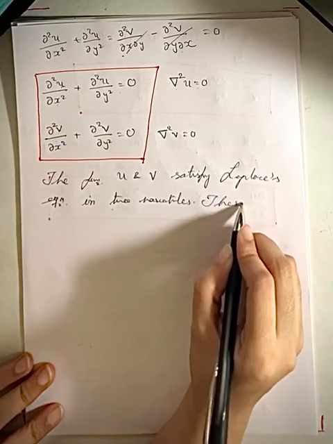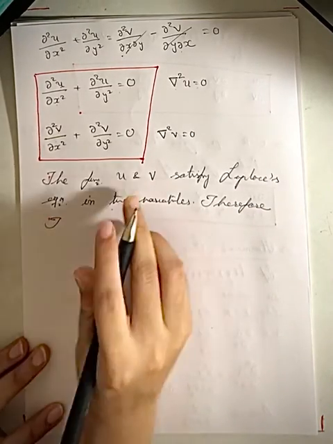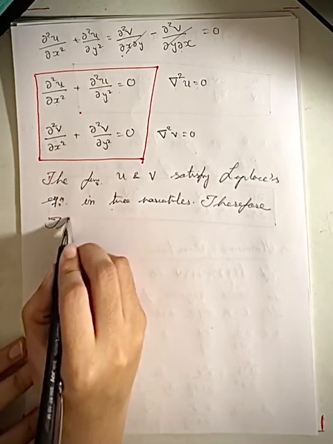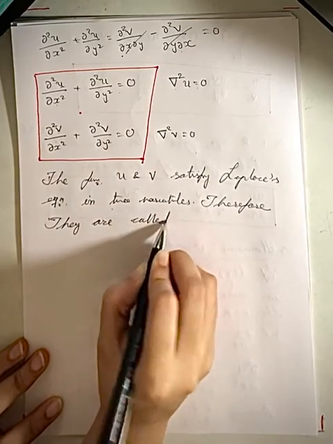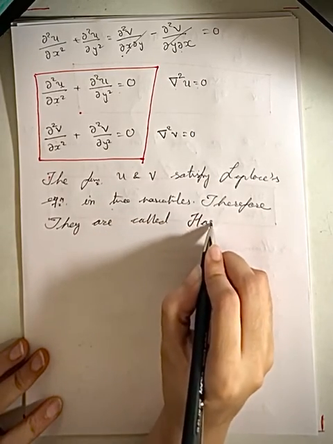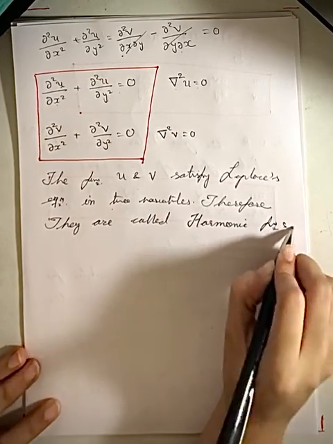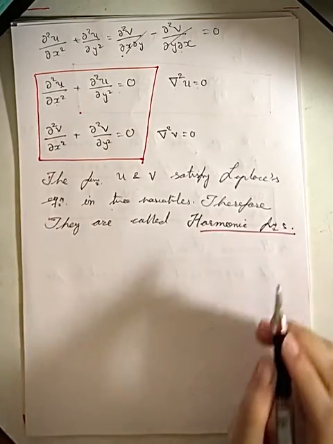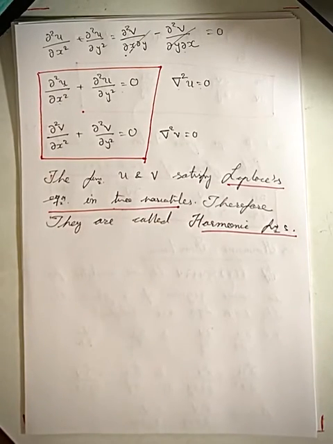Therefore u and v are called harmonic functions. Okay, why are they harmonic functions? Because they satisfy Laplace's equation in two variables.